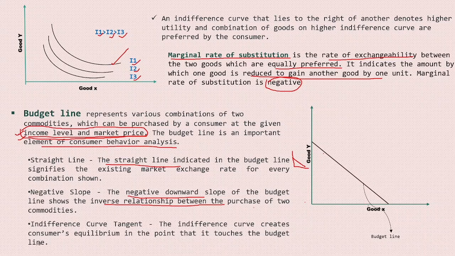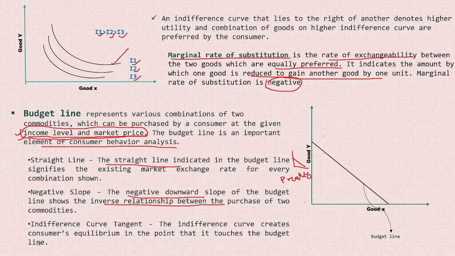And then another important point is what the slope of the budget line indicates. It indicates the price ratio of the two goods. Remember this, it is very important. The slope of the indifference curve represents MRS, the marginal rate of substitution, and the slope of the budget line indicates the price ratio of the two commodities.